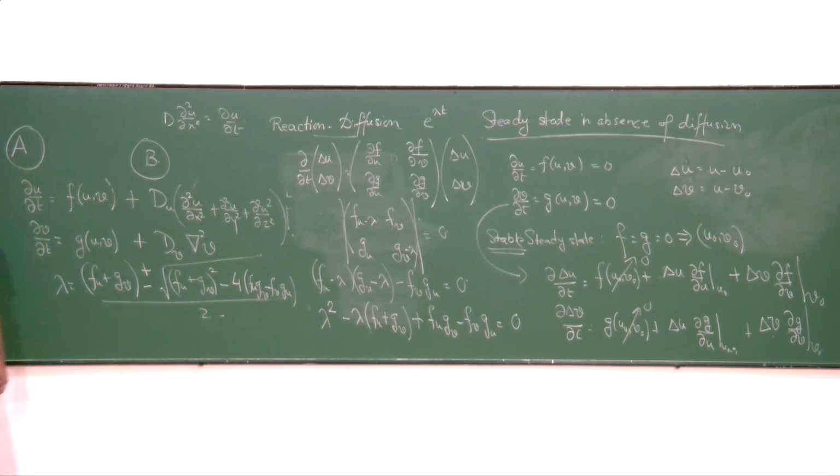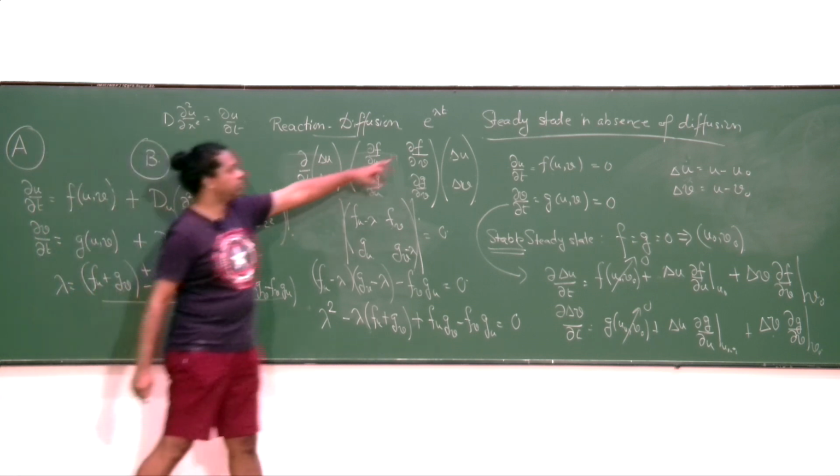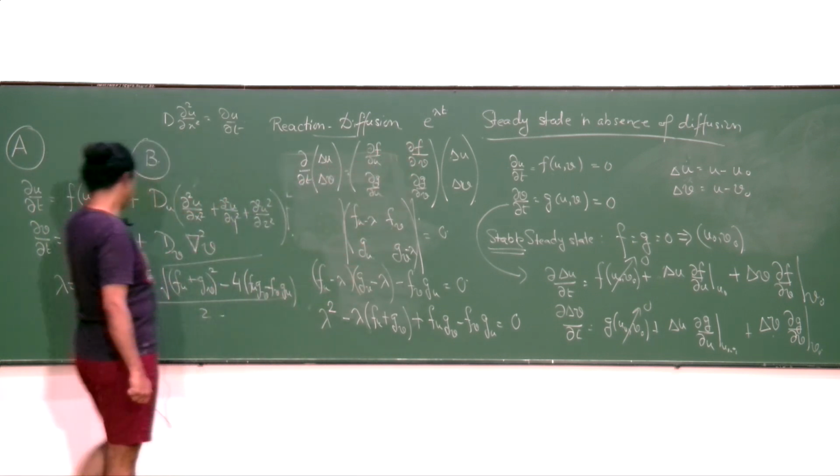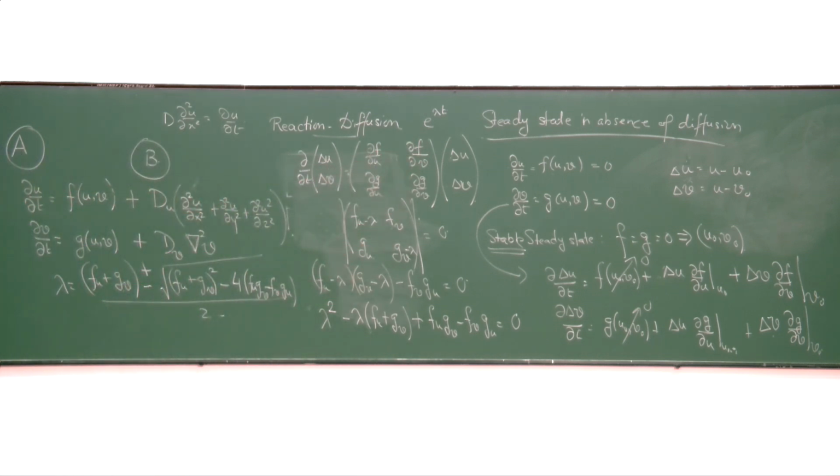So these are my two eigenvalues. Again, this is very simple stuff, but now I want these lambdas to be negative, because I want my perturbations to die down with time. So if I want my eigenvalues to be negative, what are the conditions that I should have?